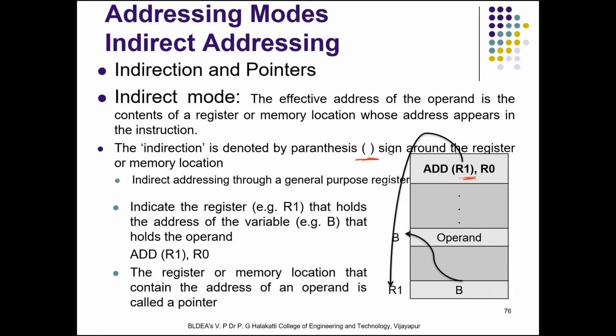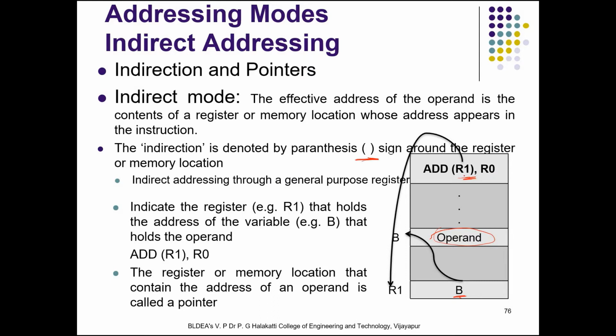So when I write add (R1), R0, the register or memory location that contains the address of the operand is fetched and the operand is added to the content of R0.